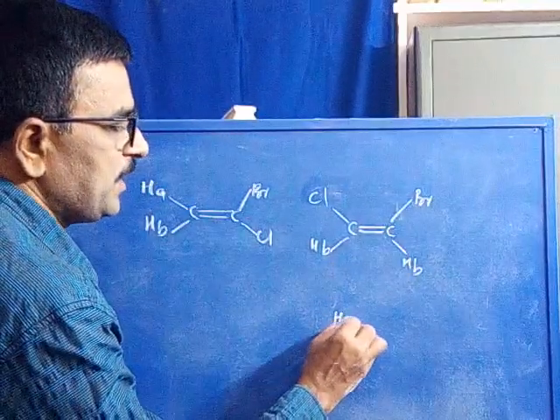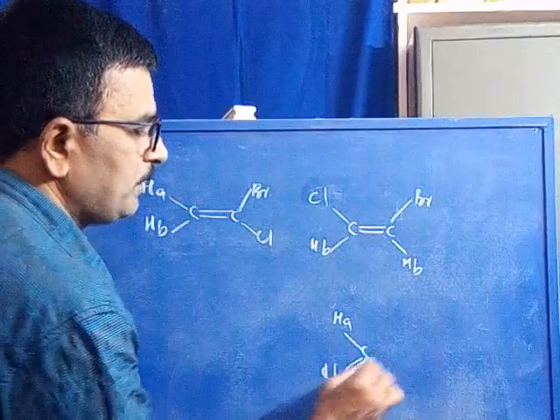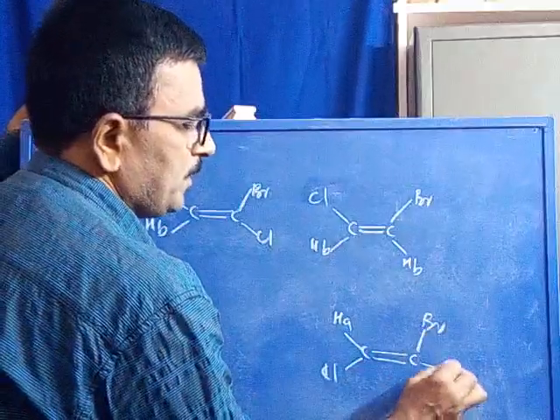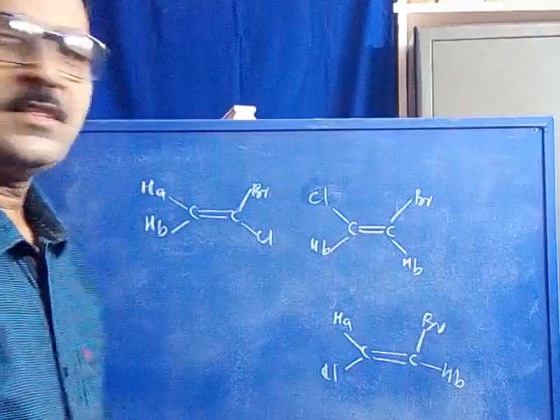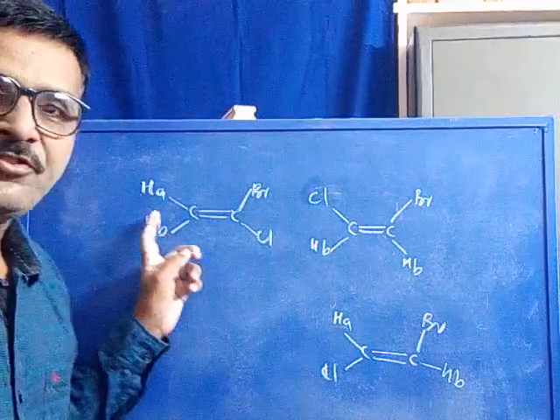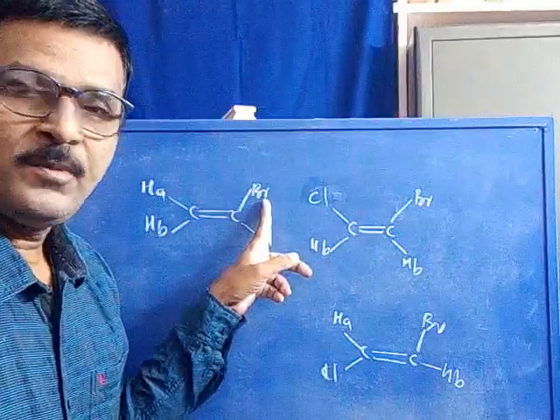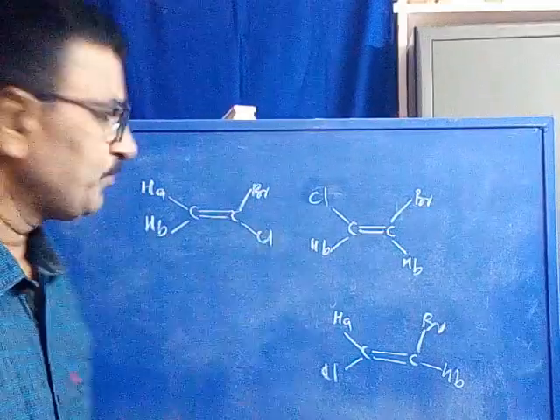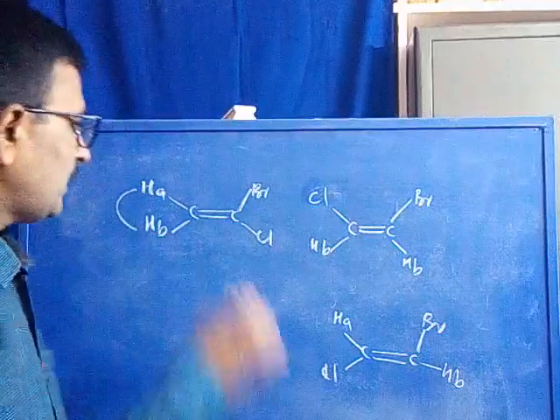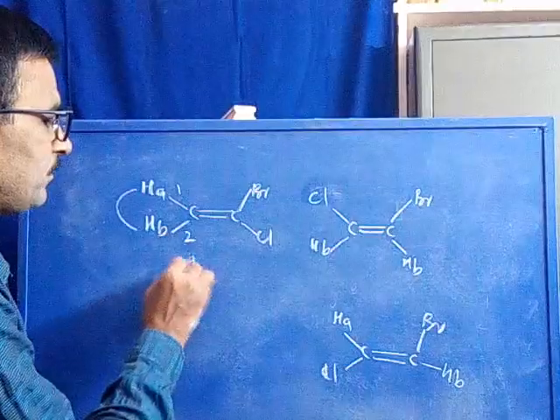Similarly, Ha hydrogen, chlorine, double bond, carbon, bromine, Hb hydrogen. So these are the three systems. In the first isomer, A is cis to bromine and B is trans to bromine, hence they are coupled. The number of bonds between A and B is 2, therefore it is geminal.